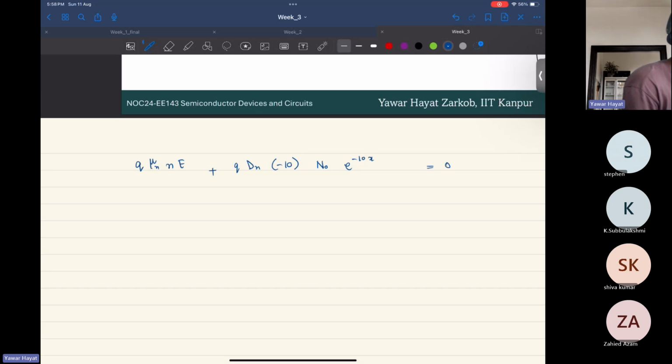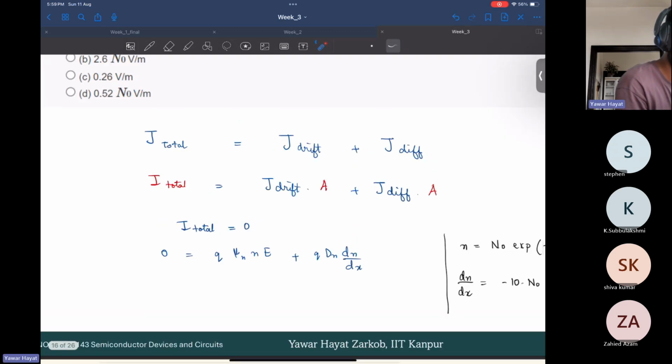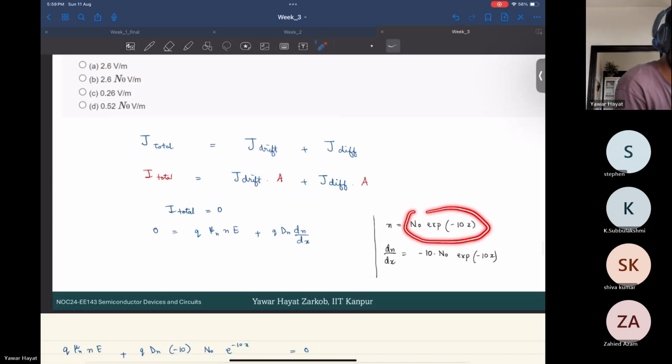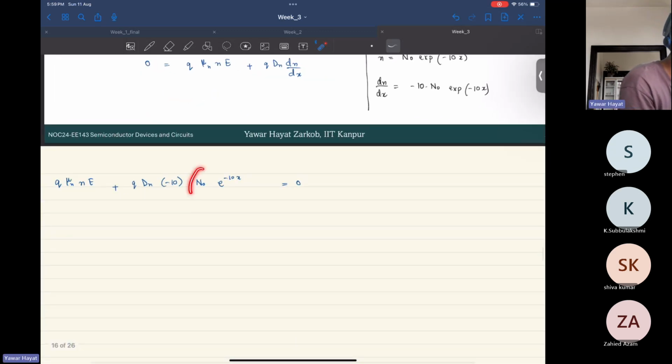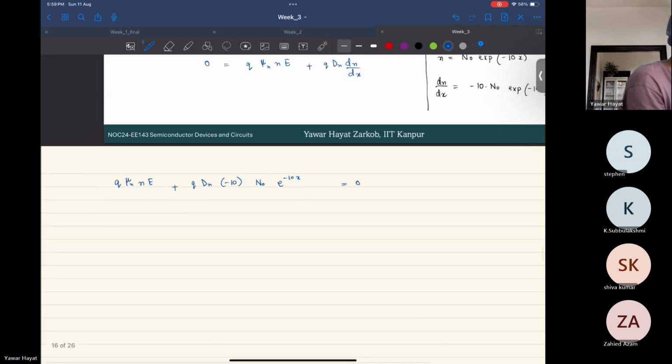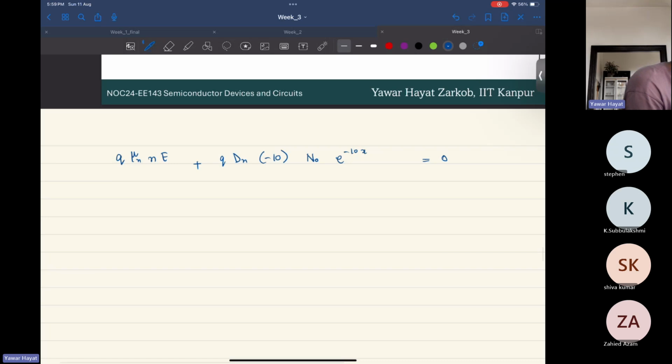You'll get that this quantity is zero. But remember, what is this? This is nothing but your n, right? So I'll replace this by n. So this would be q mu n n E minus 10 q Dn n, that is equal to 0.